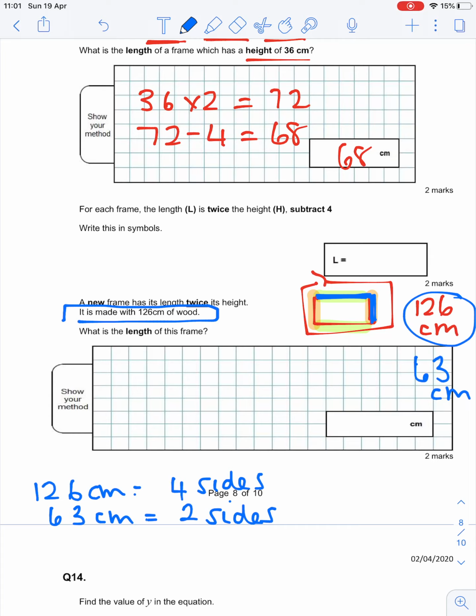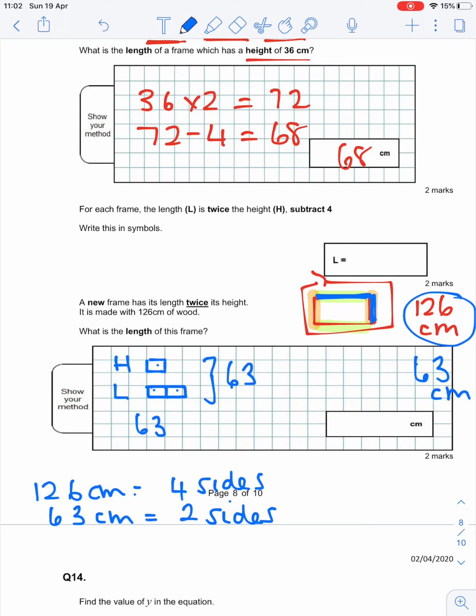Okay, so what I need to do, I'm going to do a bar model because I think it's a bit easier, and then I'll do it a different way. So the length is twice the height. So this is the length and this is the height. And I know that if I add those two together, I get 63. So to find one of those, how many bars have I got? I've got 1, 2, 3.